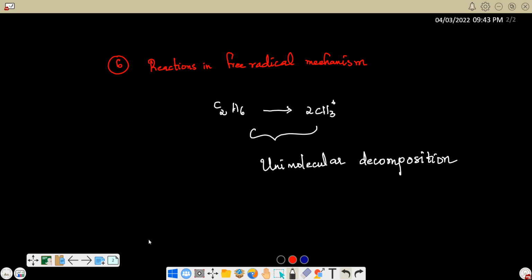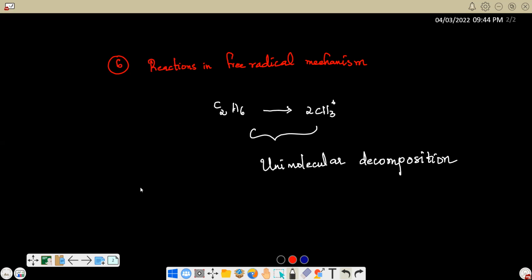One important point we have to remember about unimolecular reactions is that they are first order under certain conditions. It is first order at high pressure, and at low pressure it will be second order. I will write that point.